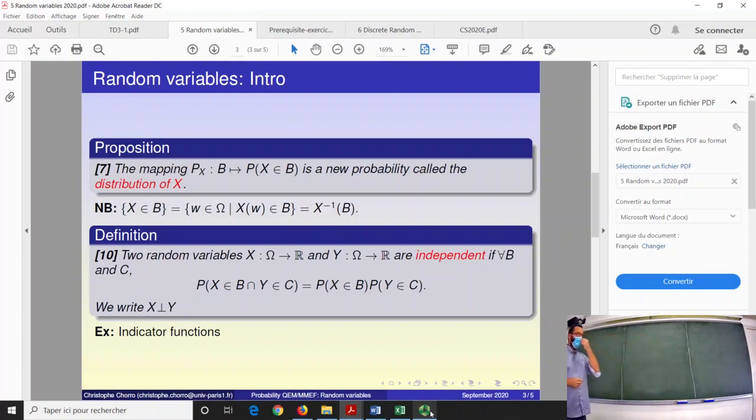So I have my capital X, that is from omega into R. A mapping. Now what is the definition of a mapping? Is someone able to give me a clear definition of a mapping?